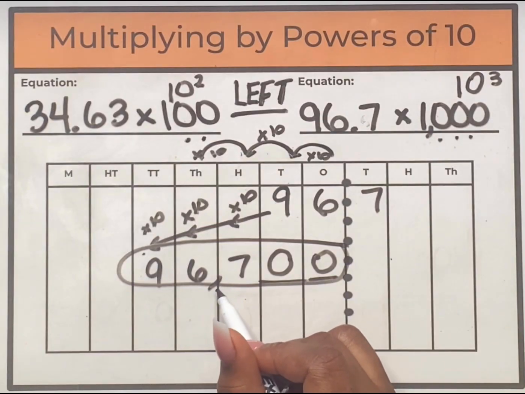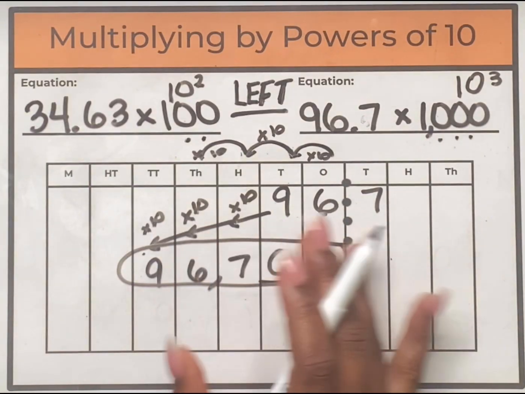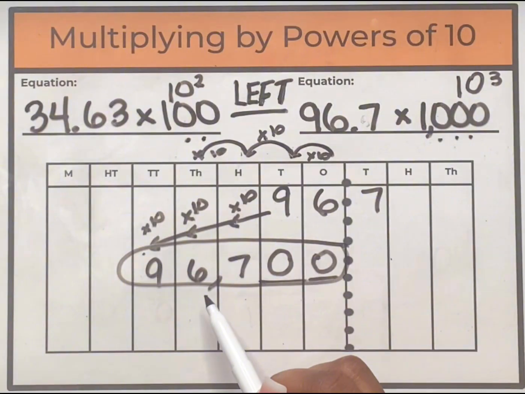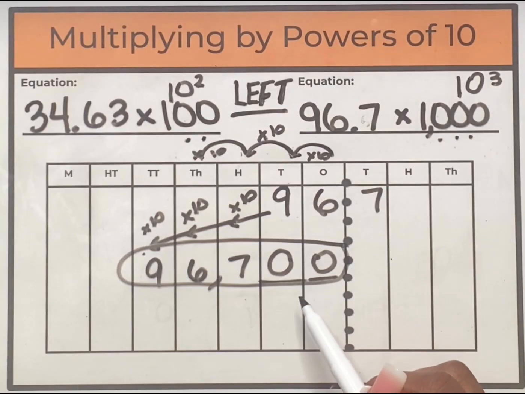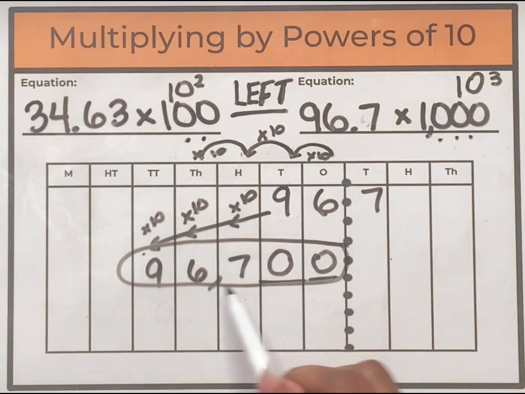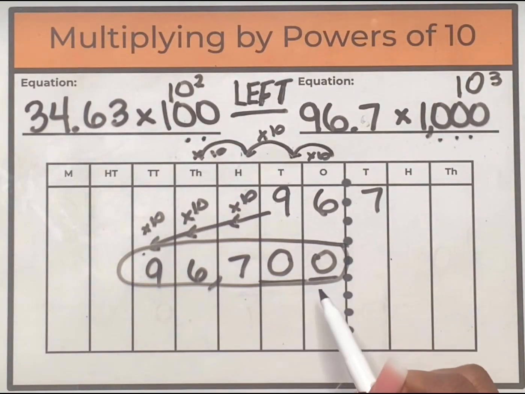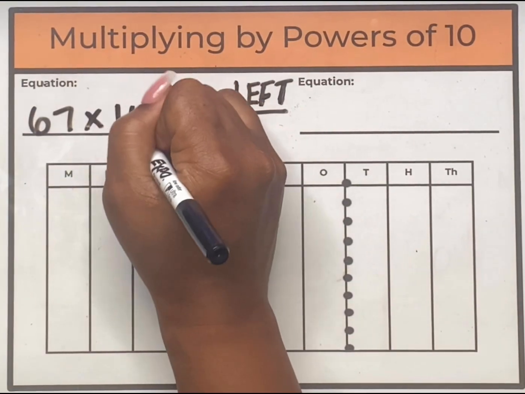We put a comma after every three locations. Now we're going to read it like a regular whole number. 96,700. Again, 96,700. Great job.